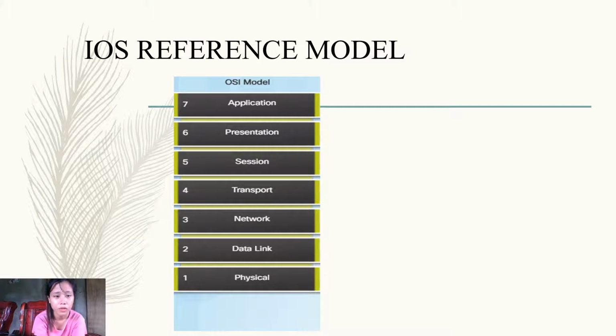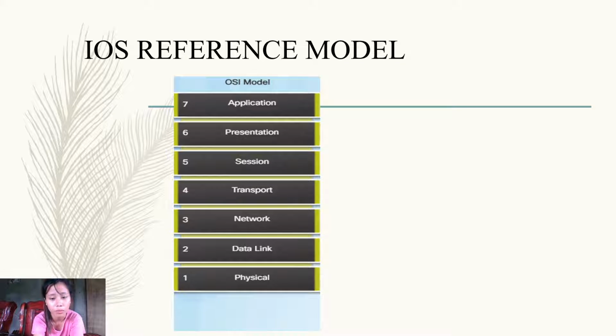So for the next one, the OSI reference model. It has the application, presentation, session, transport, network, data link, and physical layers. The application layer contains protocols used for process-to-process communication.